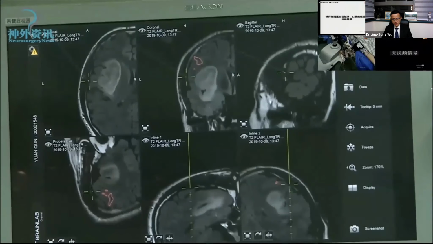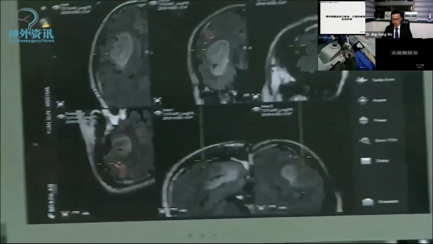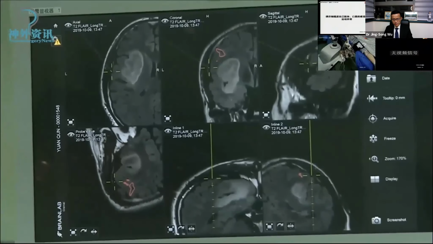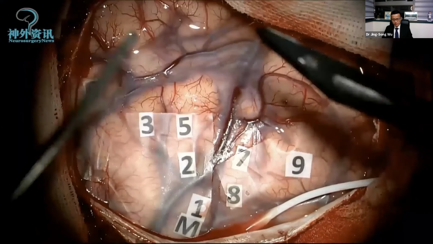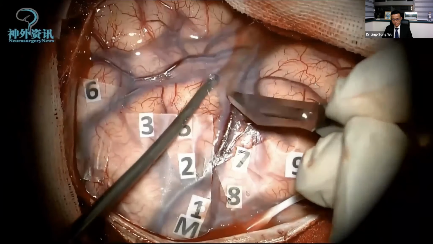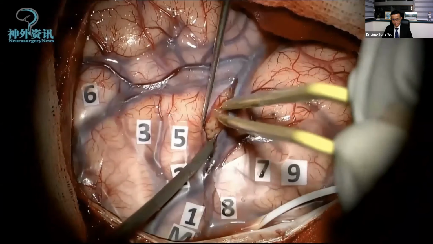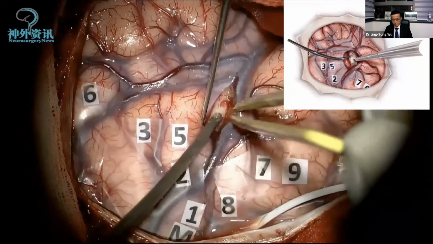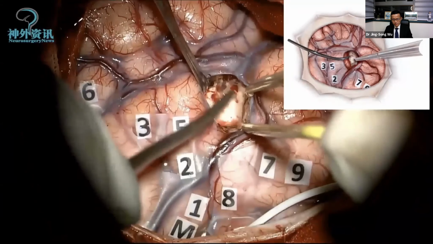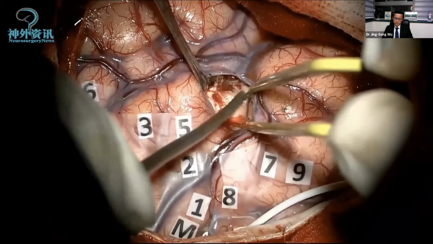Neuronavigation was used to precisely mark the boundaries of the lesion. The arachnoid was dissected and the sylvian veins were protected. In non-eloquent areas of the inferior frontal gyrus, fistulation of the cortex was performed to expose the insula.